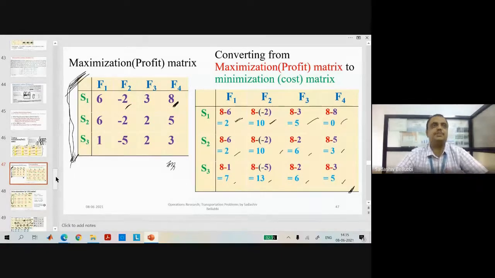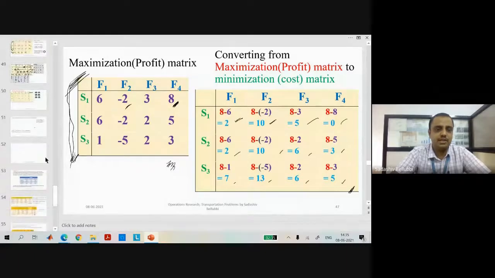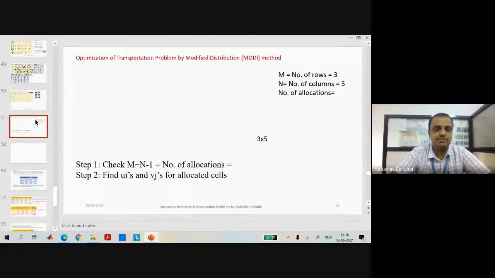The second step is you need to find the Ui's and Vj's for allocated cells. And the third step is you need to find the delta ij, that is Cij minus (Ui plus Vj). Likewise, we need to finish off the optimization of the transportation problem by the MODI method.